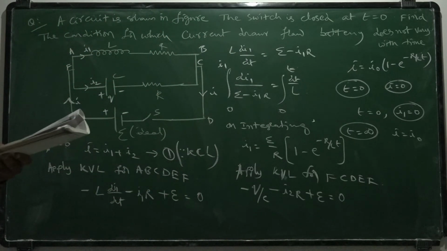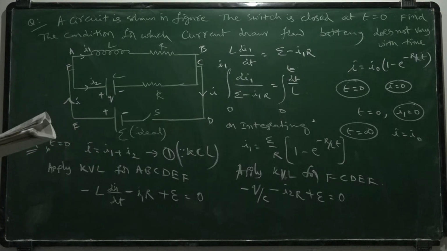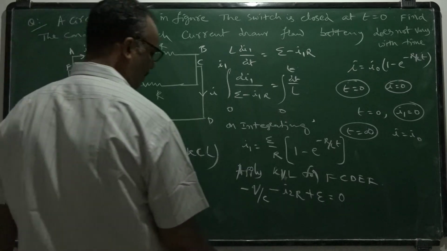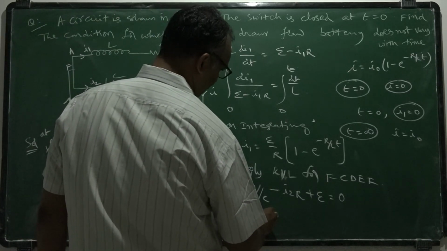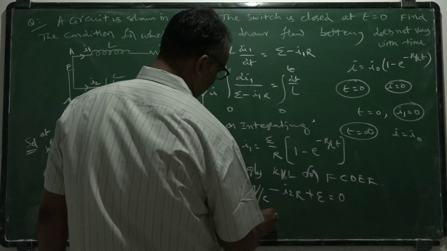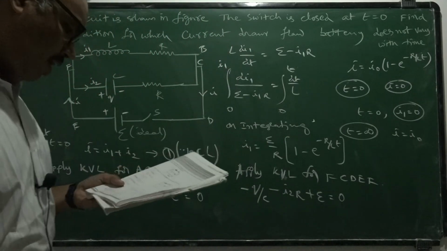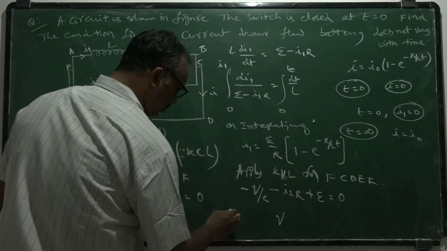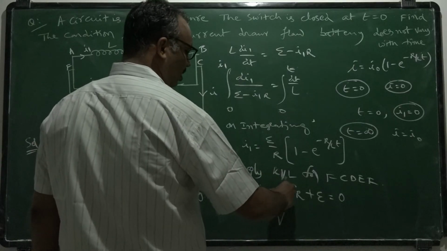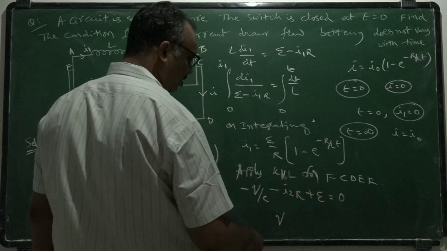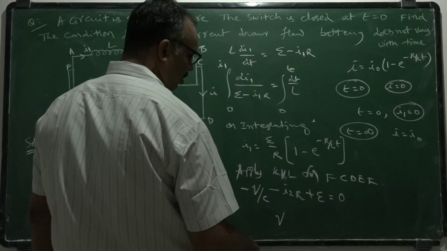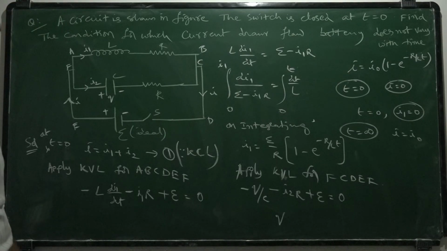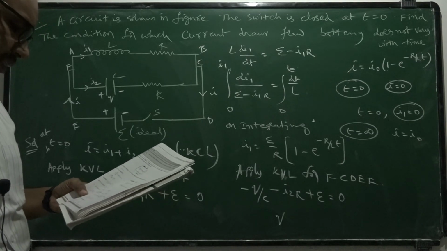Again, on simplification, taking these terms to that side and bringing this side, I can be written as dq by dt.